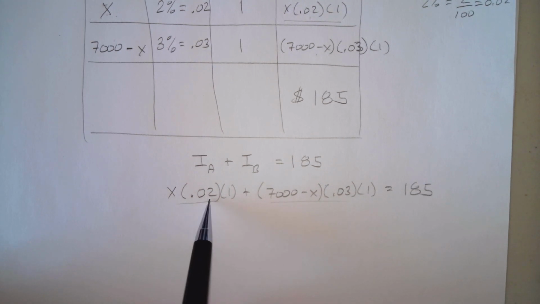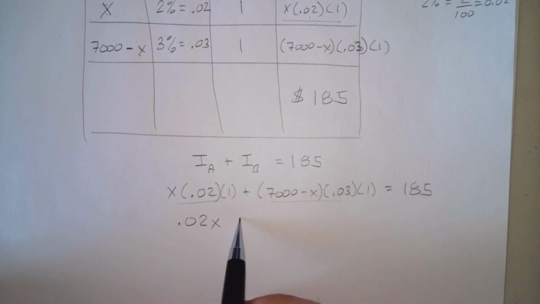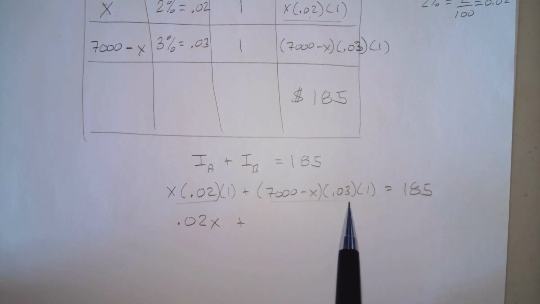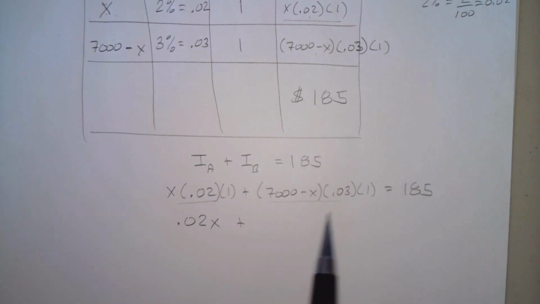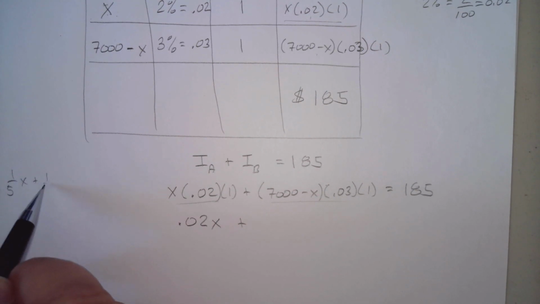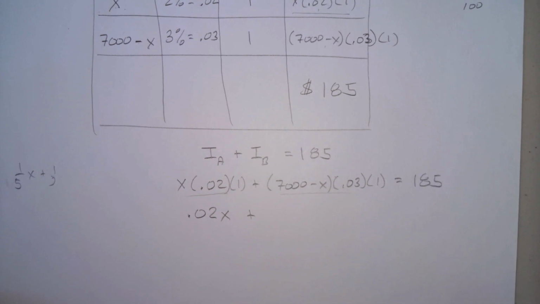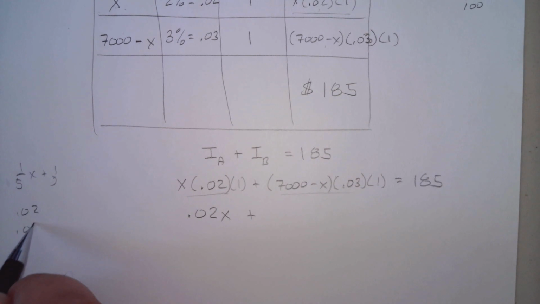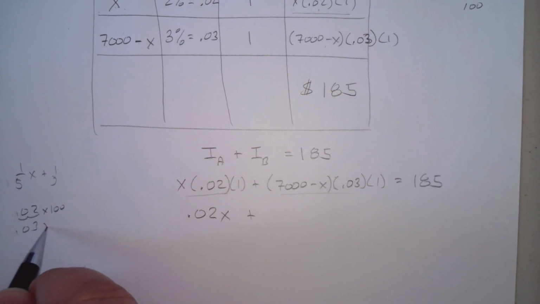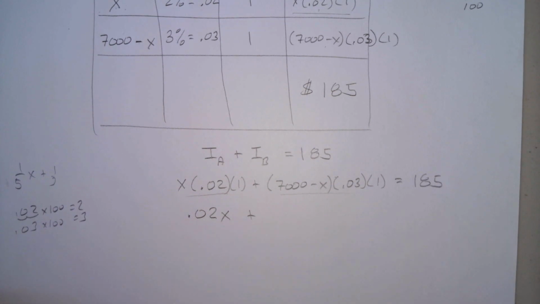So multiply these. So you have 0.02 times x times 1 is 0.02x. Actually, remember how we dealt with fractions? If we had 1 over 5x plus 1/3, we got rid of the fractions, right? We could do the same thing with decimals. Since 0.02 and 0.03 both have two decimals we have to get rid of, if we multiply by 100, they become whole numbers.